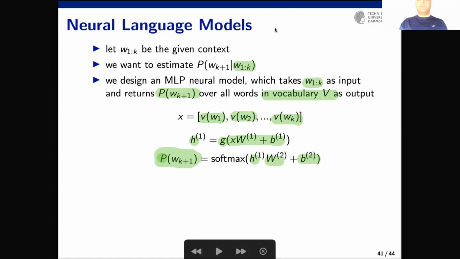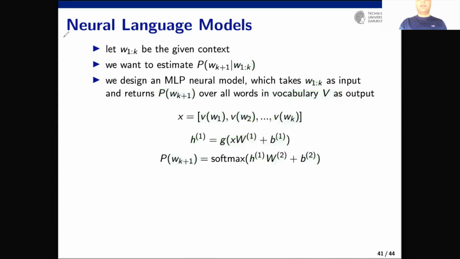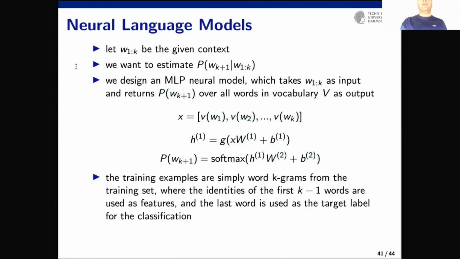Okay. But the nice thing about neural language model is that the training examples can be simply any k-grams from the training set. So you don't need to use complete sentences. You can use 1-gram, 2-gram, 3-gram, or any n-gram, where you use the first k minus 1 words in each k-gram as the context, and the last word as the target label for the classification.